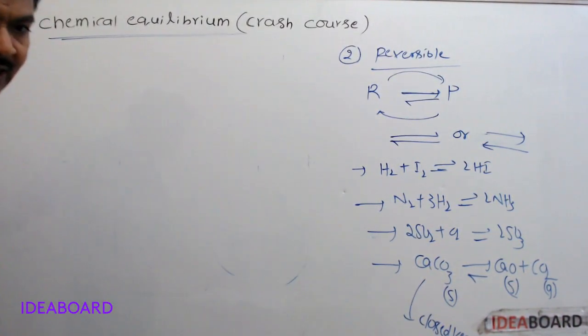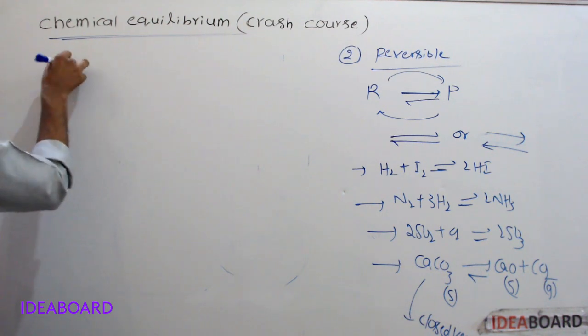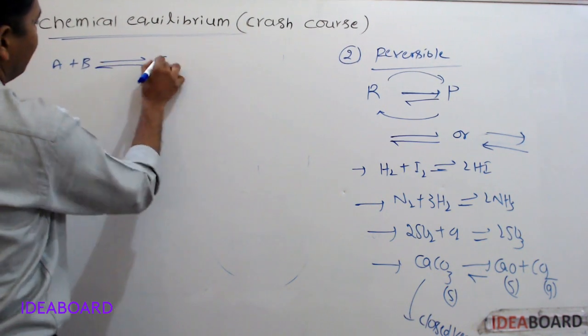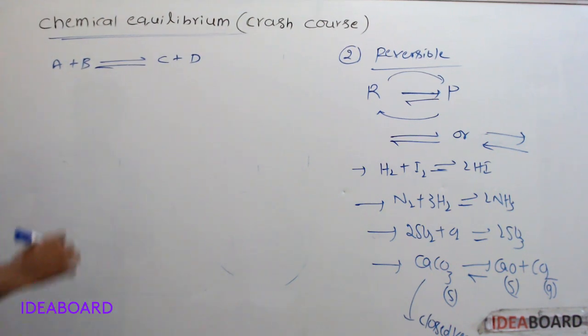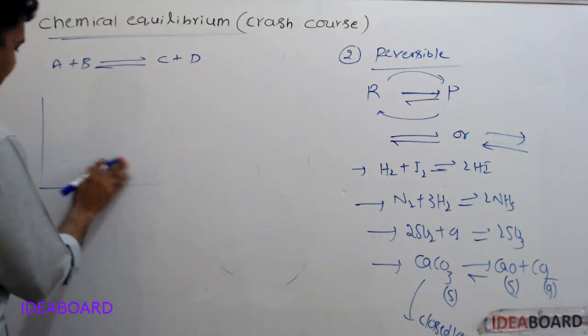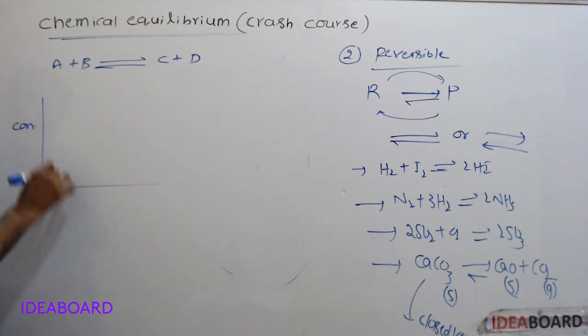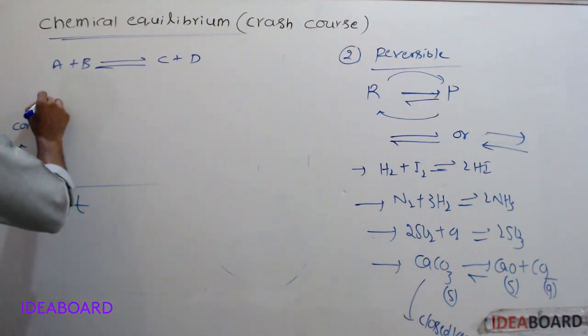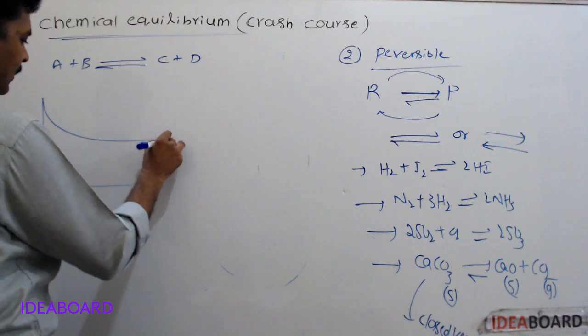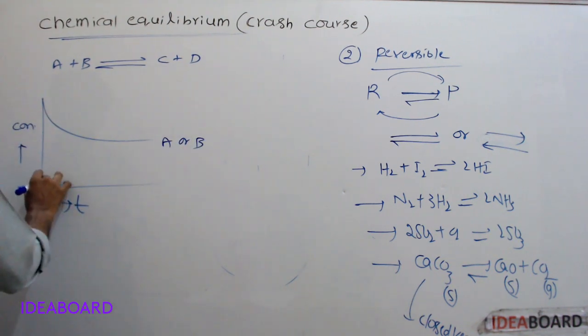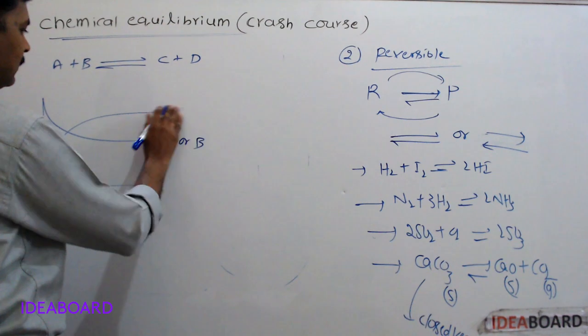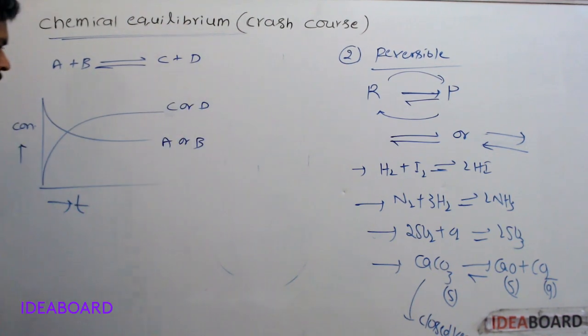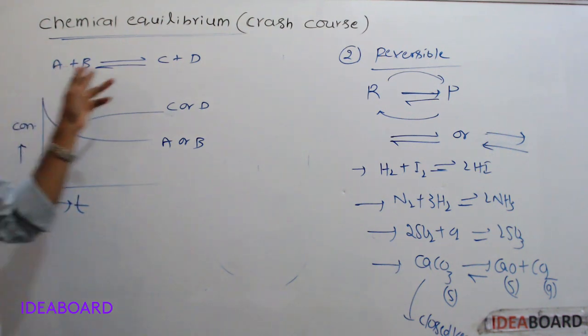Let us take one general reversible reaction: A plus B gives C plus D. For this reaction, a graph is plotted between concentration and time for reactants A or B, and for products C or D. In reversible reactions, initially only reactants are present.